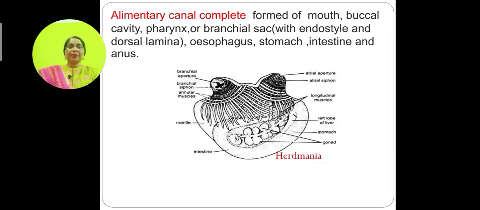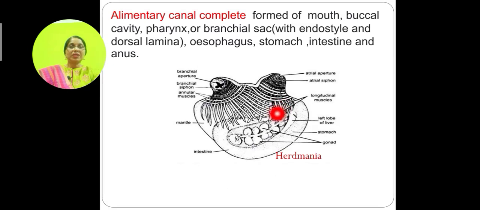The alimentary canal is complete. It is formed of mouth, buccal cavity, pharynx or branchial sac with endostyle and dorsal lamina, and oesophagus, stomach, intestine and anus. Here the diagram of Herdmania is shown, showing the branchial aperture and the atrial aperture. This is the atrial siphon, this is the branchial siphon, and this is the mantle cavity.